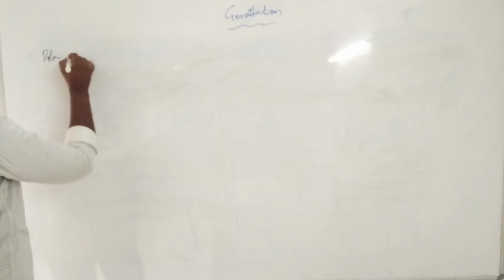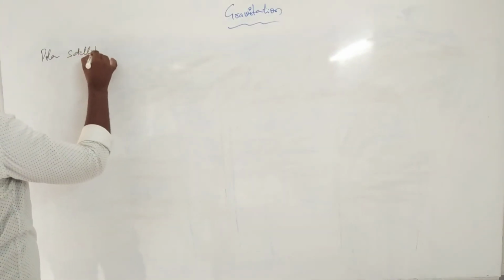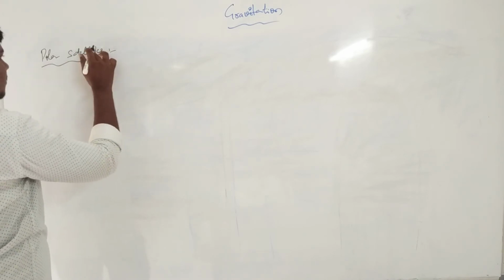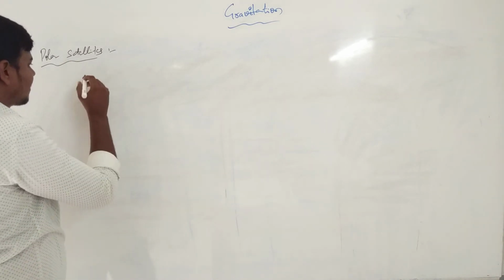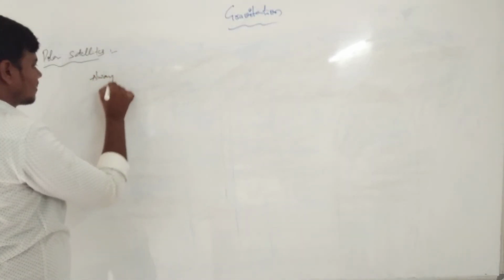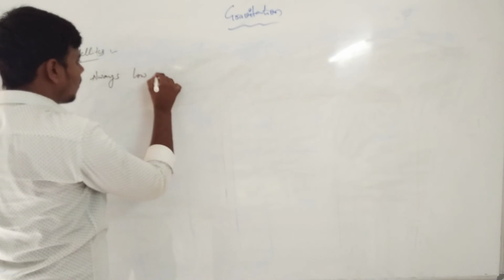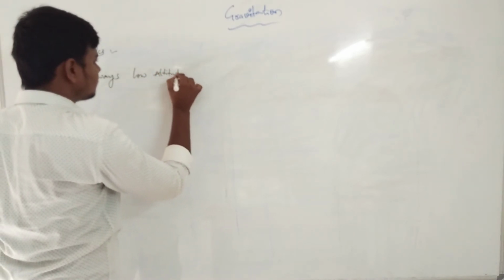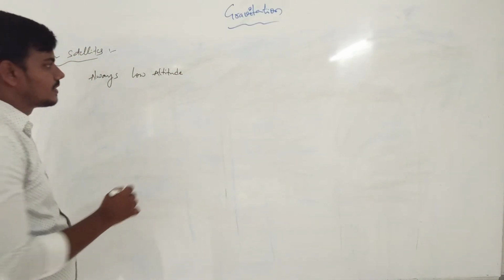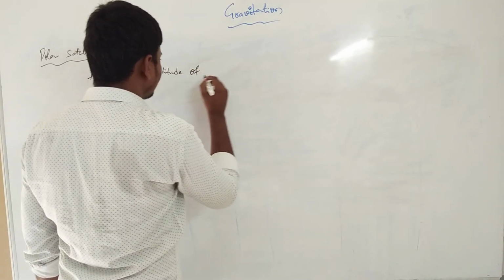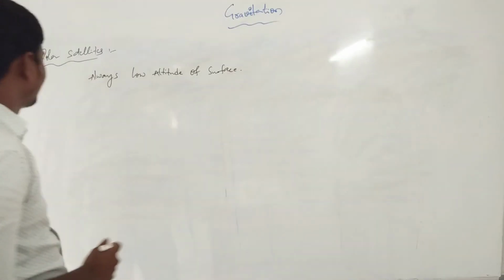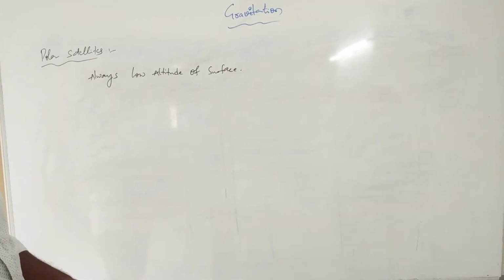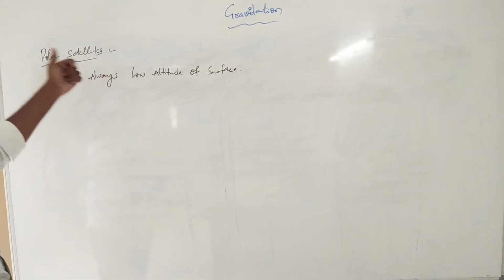Now what is the statement? Polar satellites are always at low altitude above the surface.